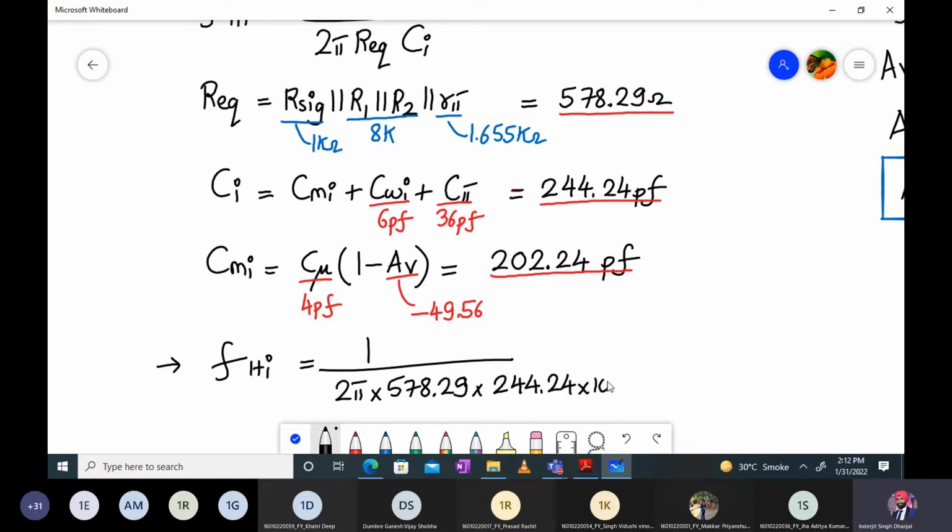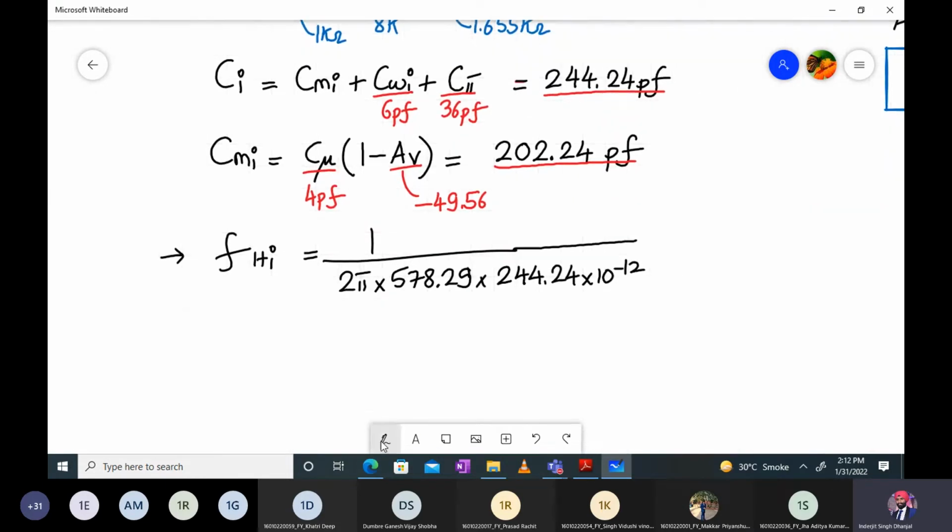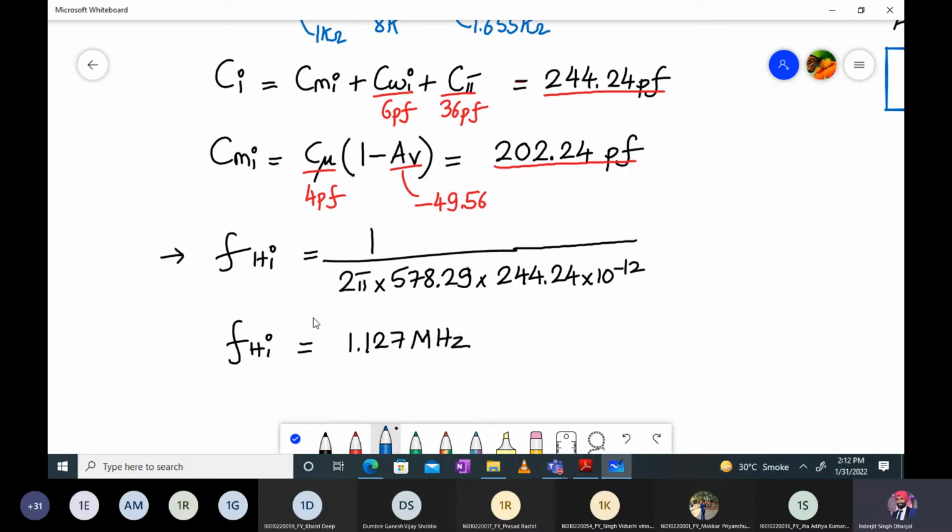Picofarad is 10 raised to minus 12. So please calculate this FHI. How much is the answer? Let me know. After calculation, it will come to 1.127 megahertz. Please cross check this value.